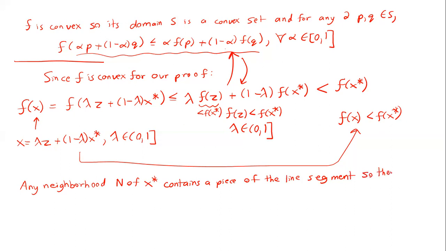So there are always points x contained in this neighborhood such that f of x is less than f of x star. And the problem is that for f of x star to be a local minimizer, this cannot be happening. There has to be no points in the neighborhood of x star such that f of x is less than f of x star, or else x star is not a local minimizer.